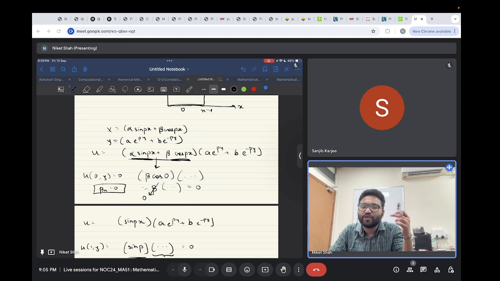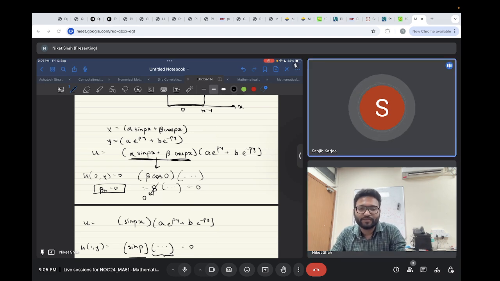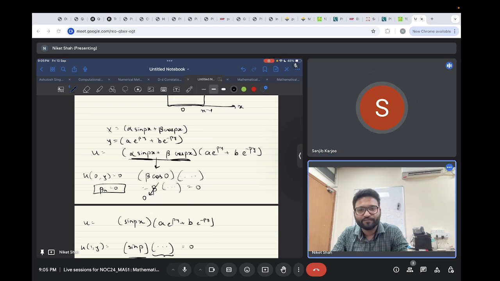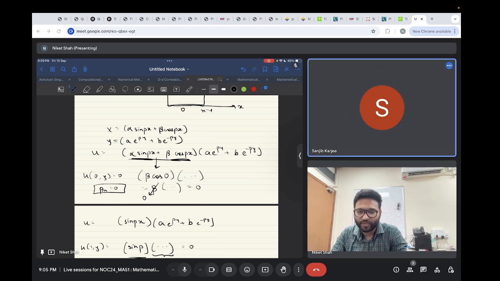Now the function of y cannot become 0, that is a variable function. So beta has to go to 0. When beta is 0, cos px does not exist anymore, so when I'm putting other boundary conditions, I only have to take sin px. Got it? Okay, fine.